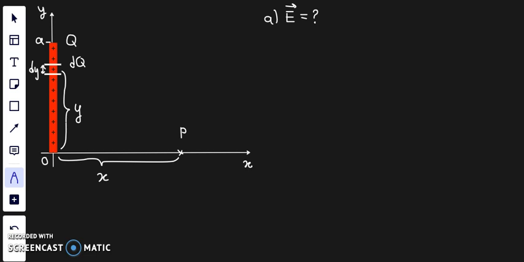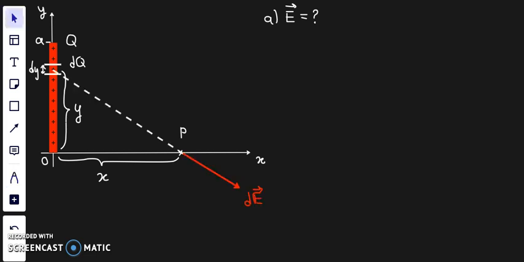However, the charge distribution lies along the y-axis. So in order to add the electric field vectors dE from each particle dq, we need to integrate over the variable y. So y is our variable, x is a constant.